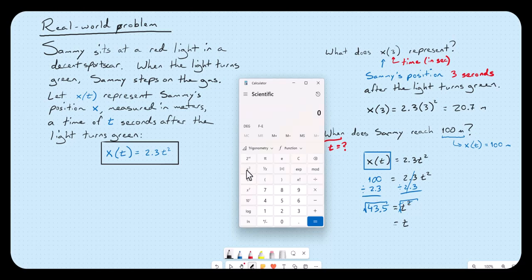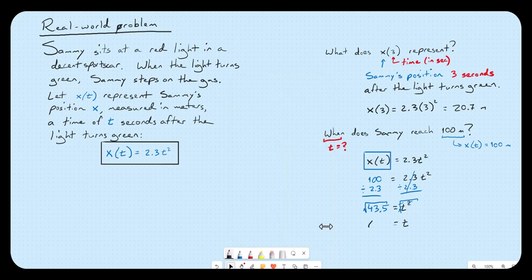I'm going to take the square root of 43.5, and that is 6.6 seconds. So t is 6.6 seconds. What have I solved for just now? I've solved for how long it's going to take to cover that first 100 meters.